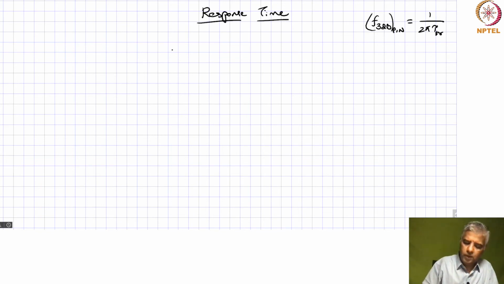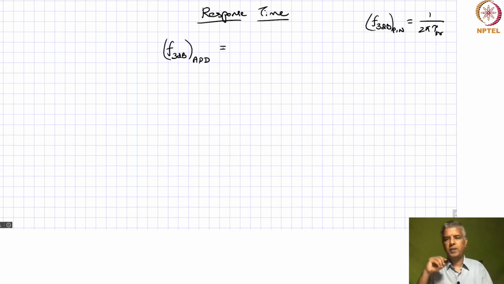Now, if we do the same thing for an APD, what do you think is going to be the limiting factor? Well, of course, there is the transit time involved here, but there is going to be some additional factor that determines the response time.